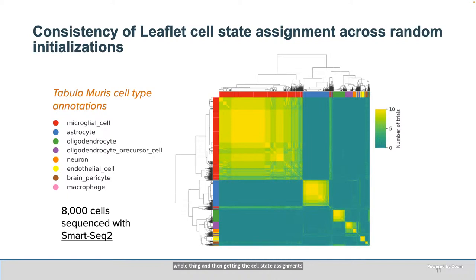Then, clustering all of that, we can see if pairs of cells were consistently assigned to the same cluster. It is quite nice to see that overall the cells do cluster together in these big yellow blocks, which also correspond to the predefined cell type that they're coming from. So the overall structure makes sense, and luckily, we're not seeing totally random assignments of cells.